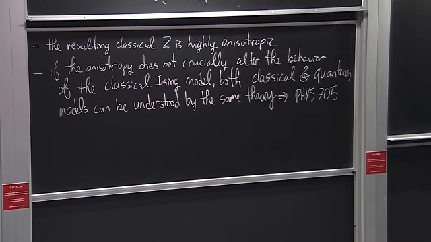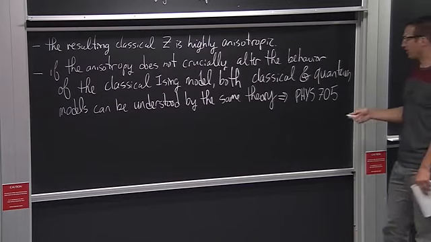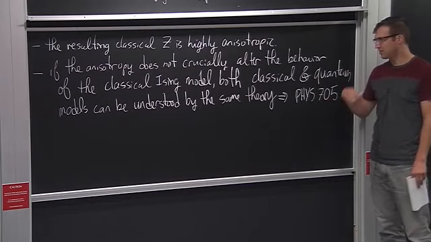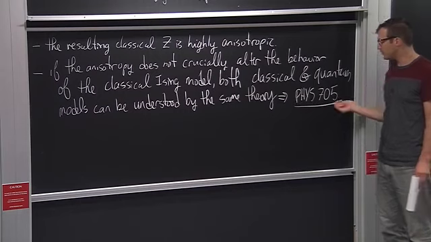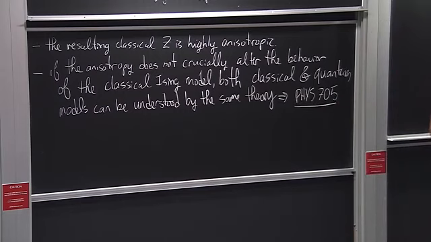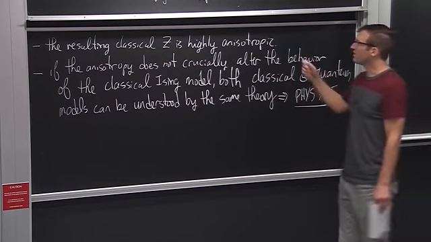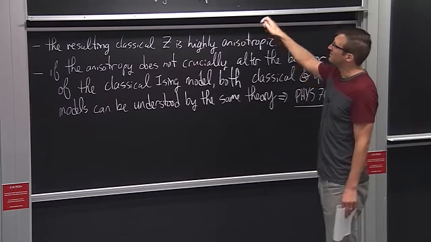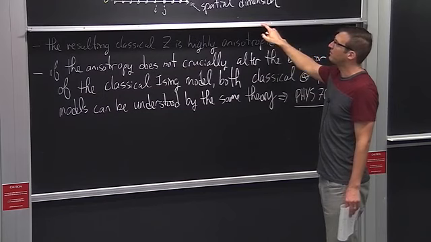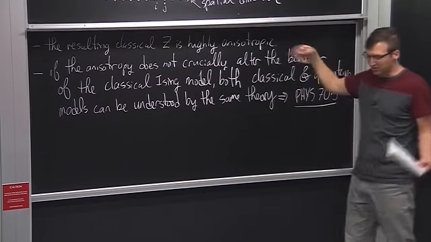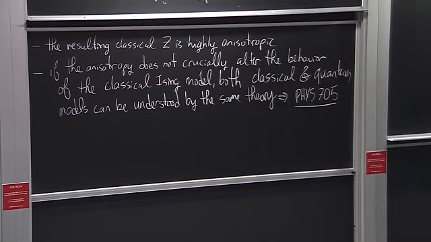And in fact, the theory of that critical point, the low energy, long wavelength theory of that phase transition in both the quantum model and the higher dimensional classical model is essentially exactly the same theory, and that's what's the subject of 705. Okay? But for us, all we want to do is be motivated that field theories or quantum Hamiltonians have this D plus one-dimensional structure.